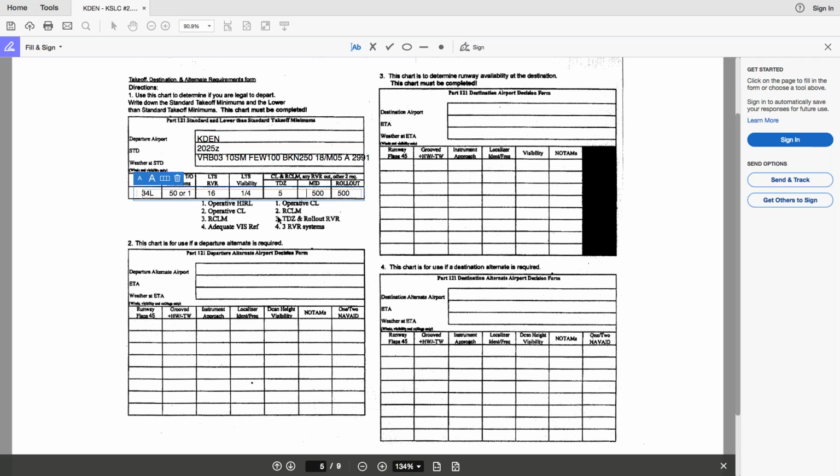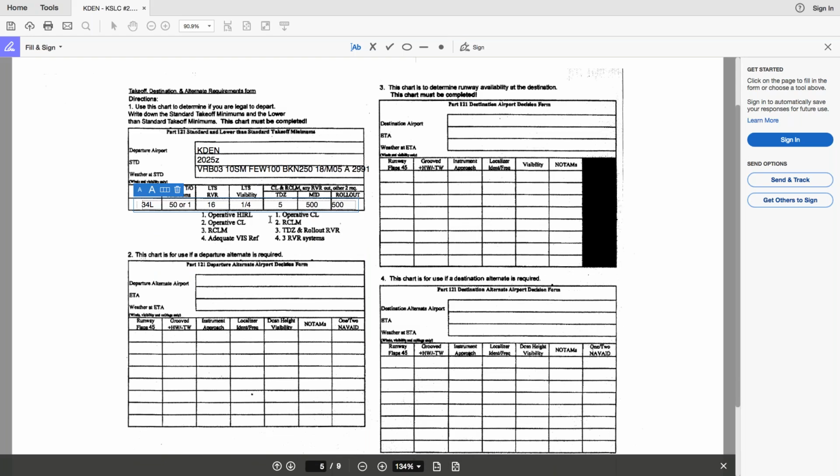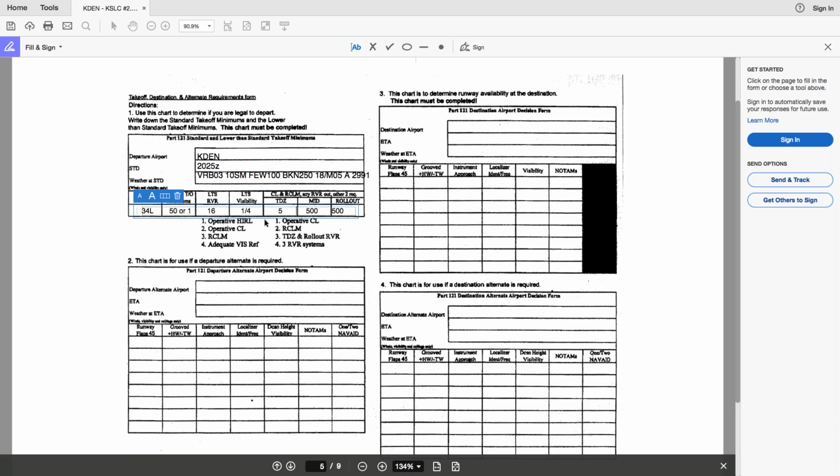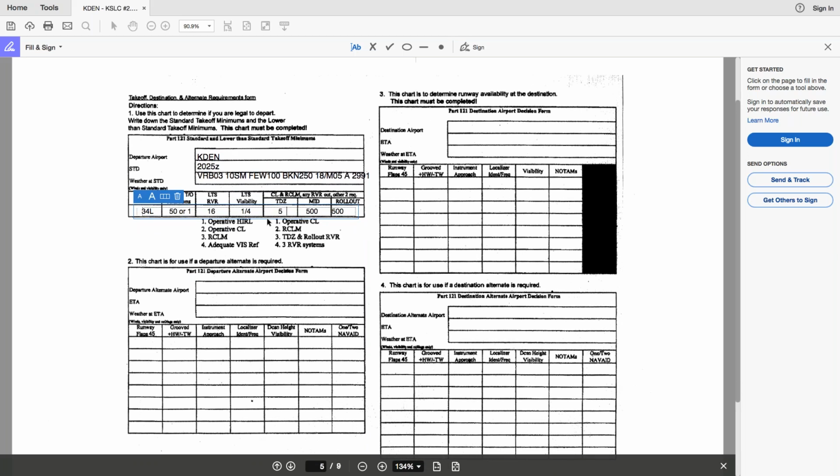What would you label this chart, or this piece of paper that we're filling? What's this one called? The takeoff destination alternate requirements form.